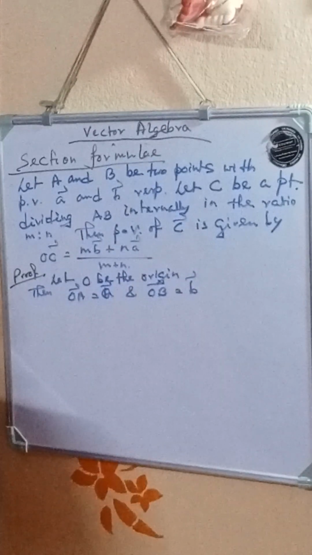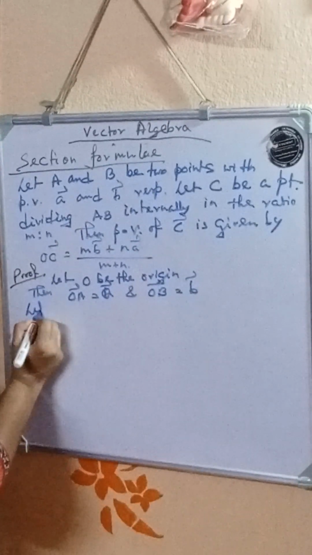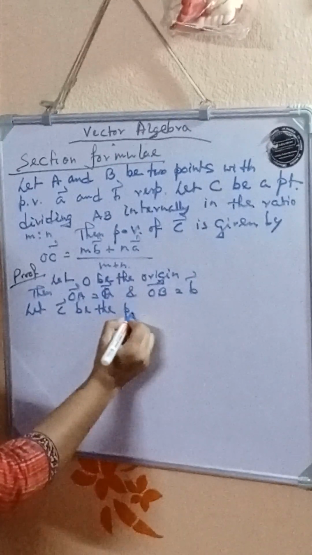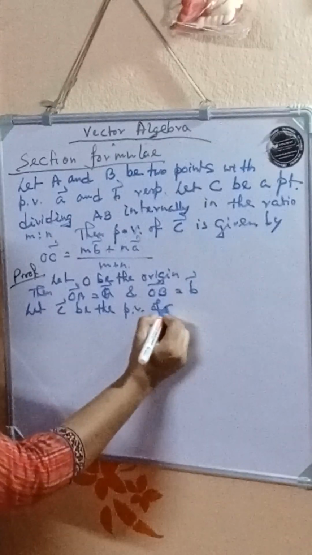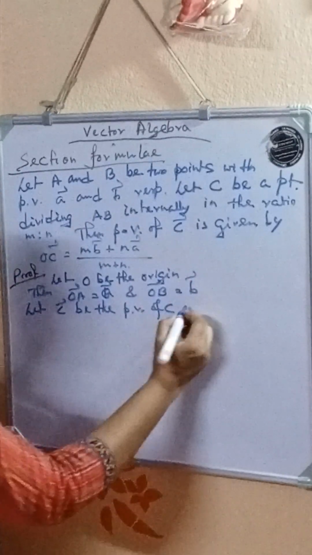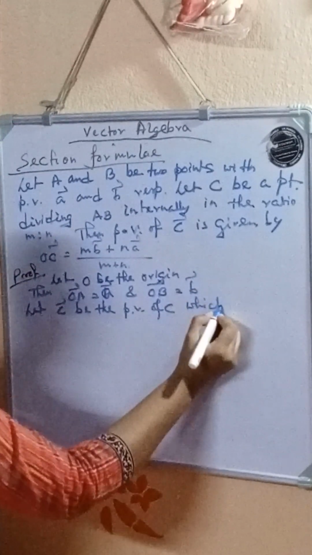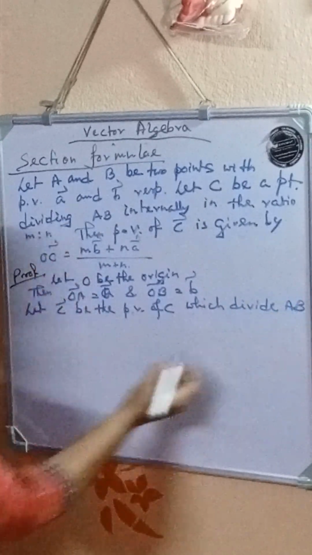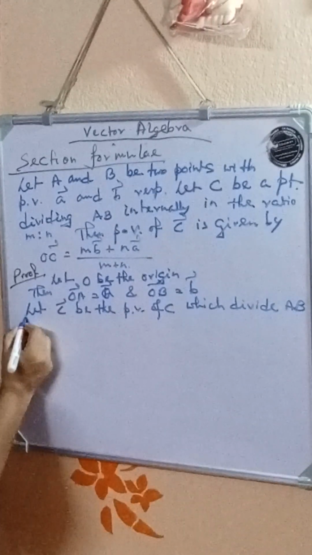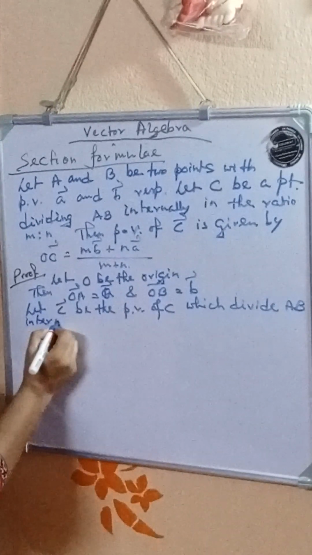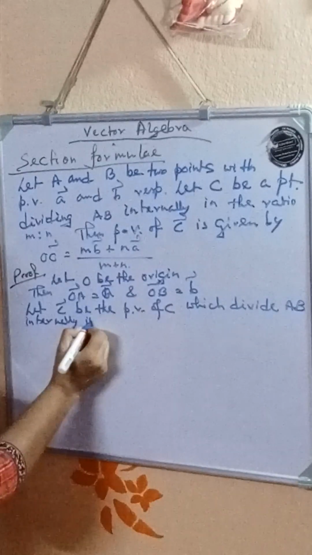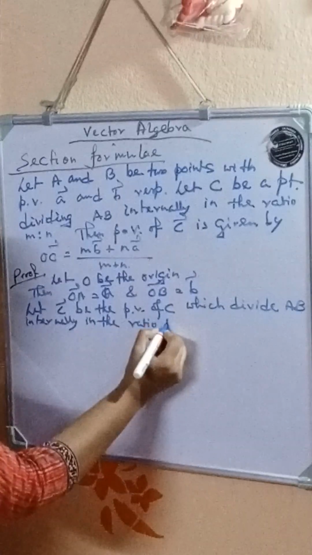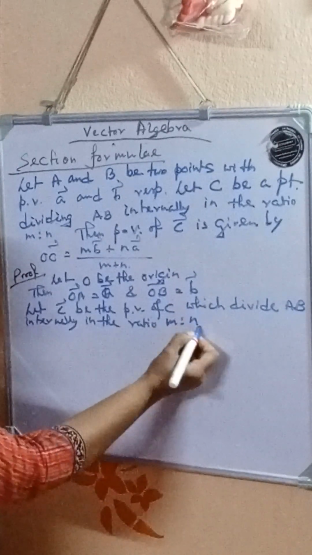Now let C be the position vector of the point which divides AB internally in the ratio m is to n.